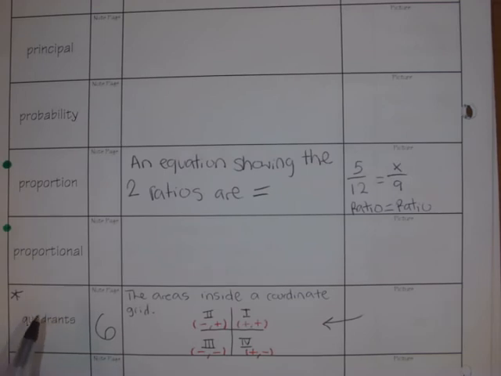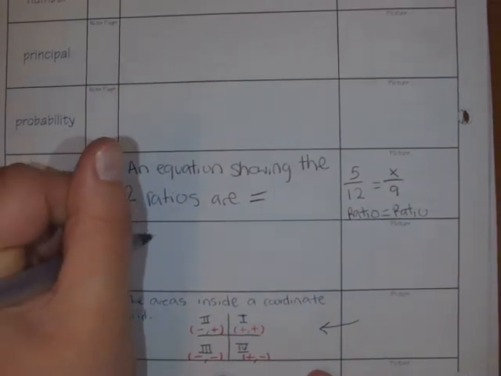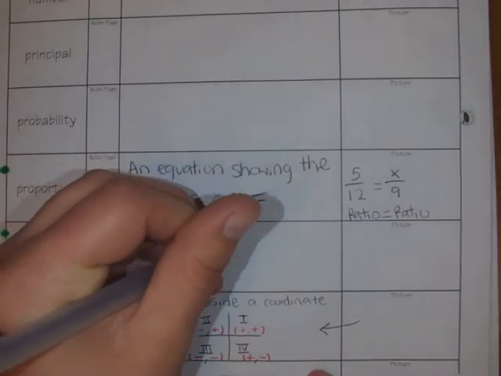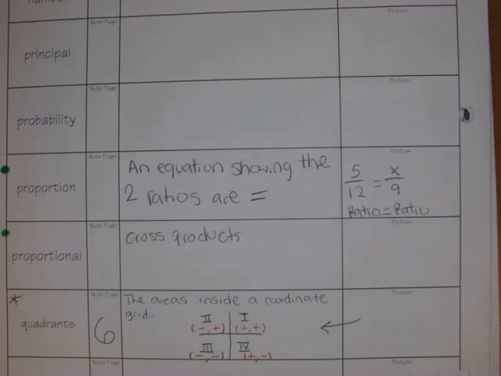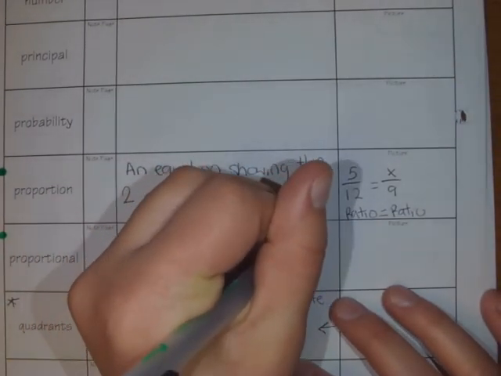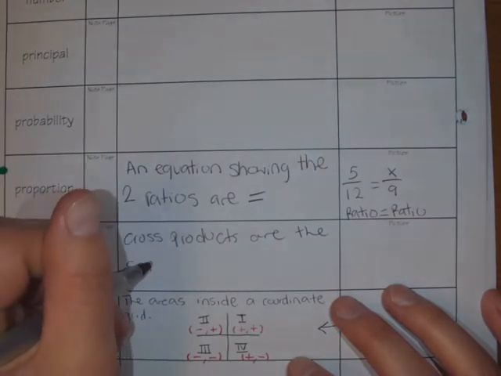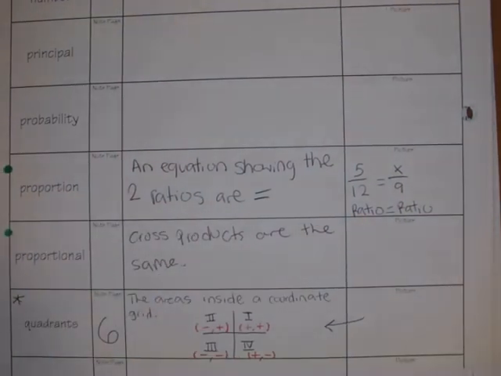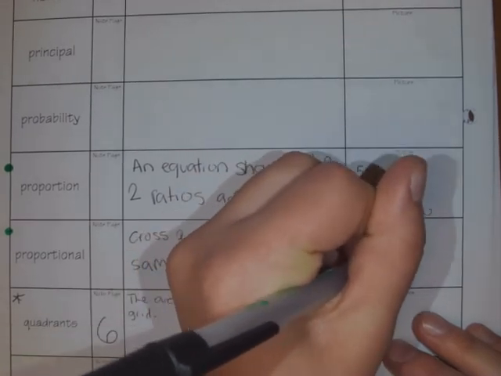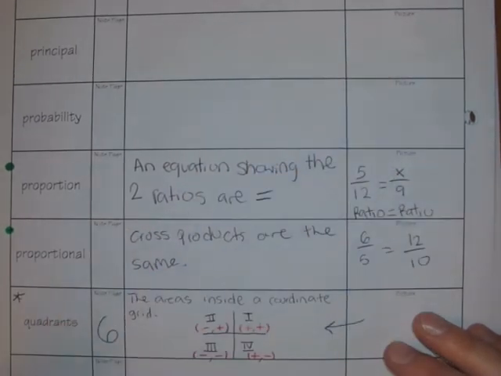And then you have proportional, which has to do with your cross products. It means that the cross products are the same. So for example, remember our last example was 6 over 5 equals 12 over 10.